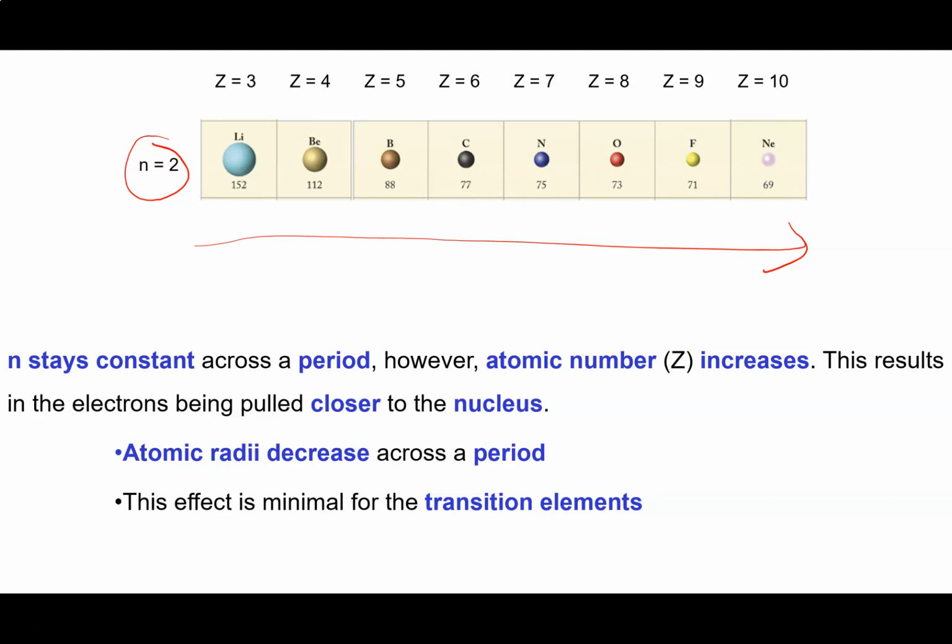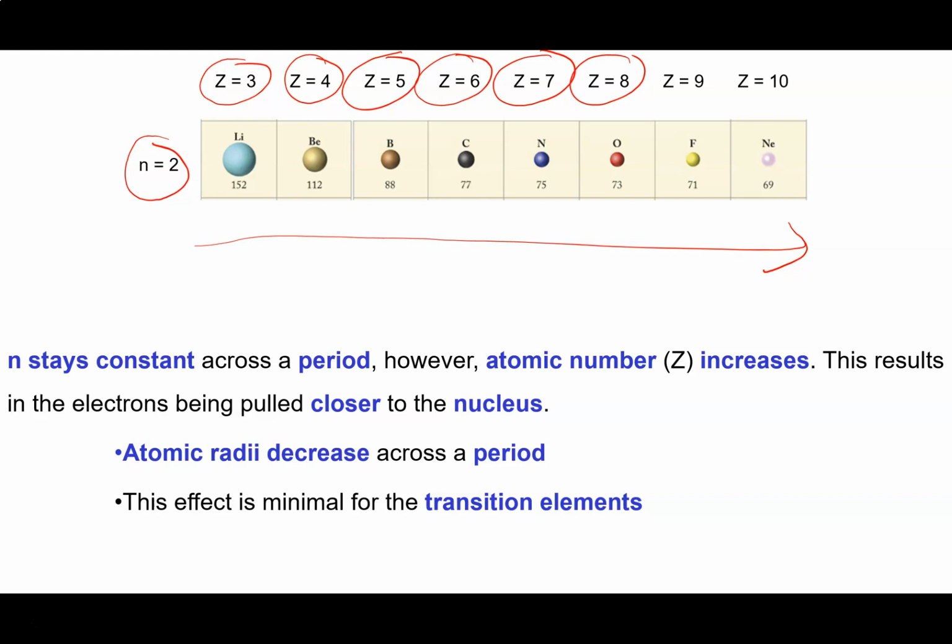But what is changing as we go across the period is the atomic number is increasing, which means we have more protons in the nucleus, and the effect of that is that it pulls all of those shells in a little closer. So what we see as we go across a period is a slight decrease in the radii of the atom.